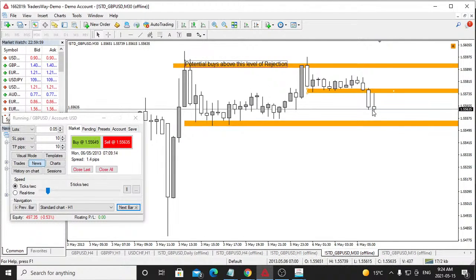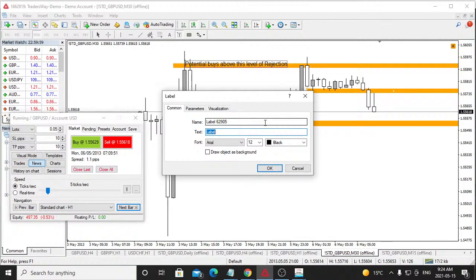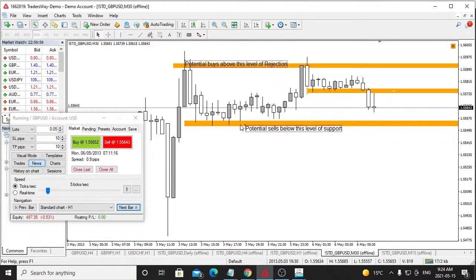Because I missed this move, I'm looking to be more patient in the market. Say potential sells below this level of support. We are now waiting and seeing what can happen in the market while we wait.